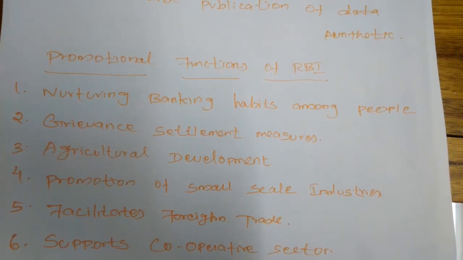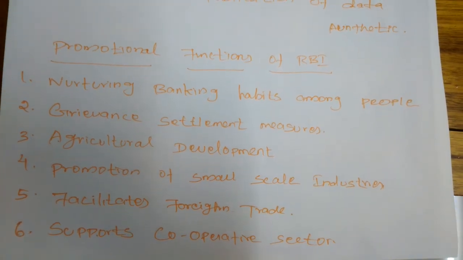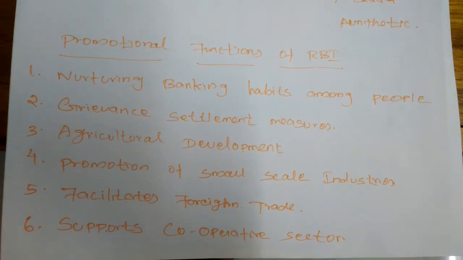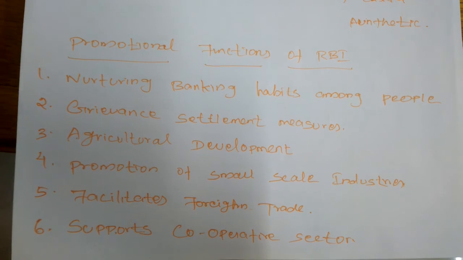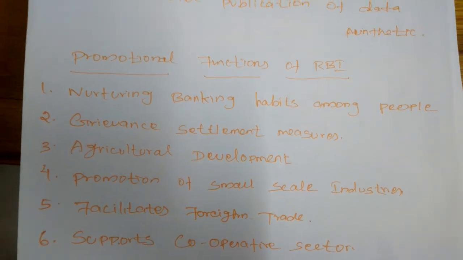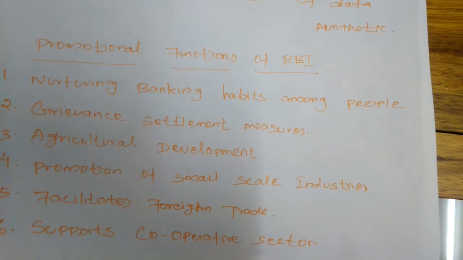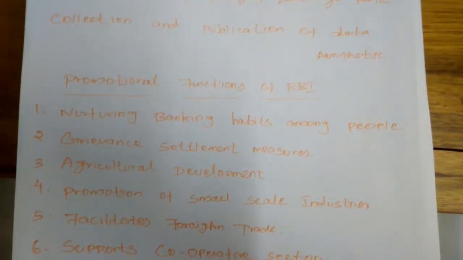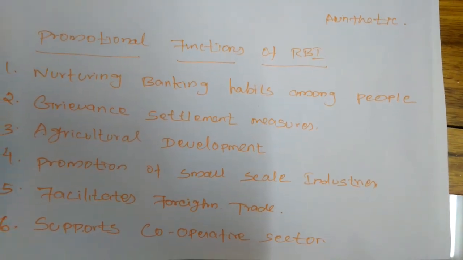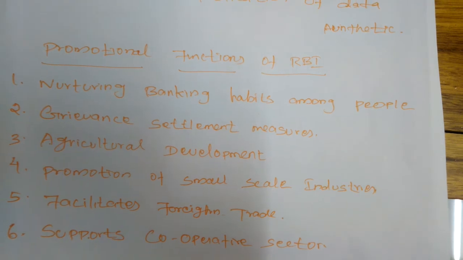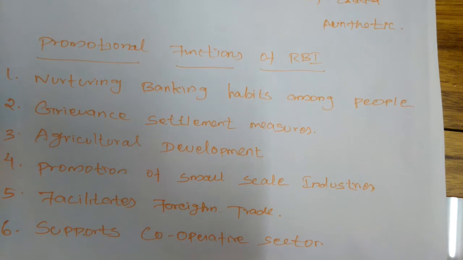The loans of all scheduled banks should consist of a percentage of loans to priority sectors. All commercial banks have to provide some percentage of loans to the agricultural sectors, as per the guidelines of the Reserve Bank of India.